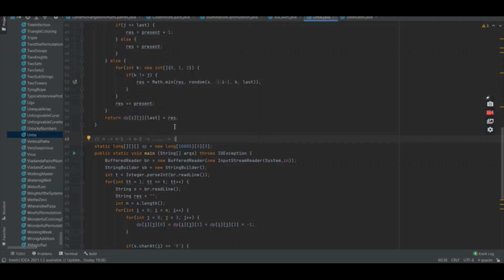Storing the last character is important because the first character cannot be the same as the last character, because if it is the same, then those two will result in a tie.